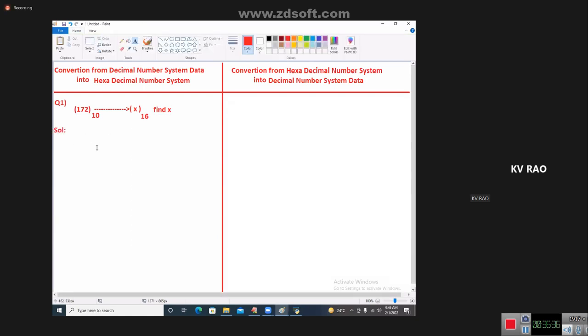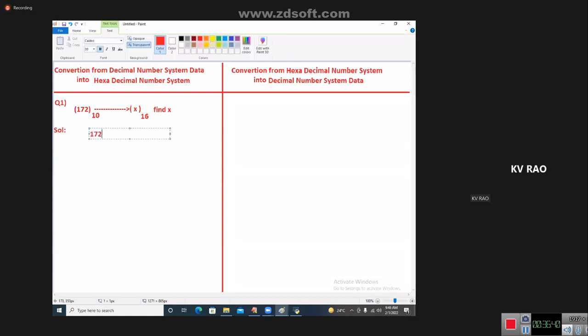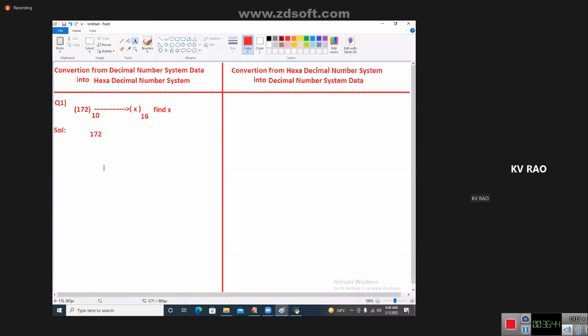I'm going for that 172, getting converted into this. Let us start with converting. So carefully observe how this 172 is getting converted into 16.